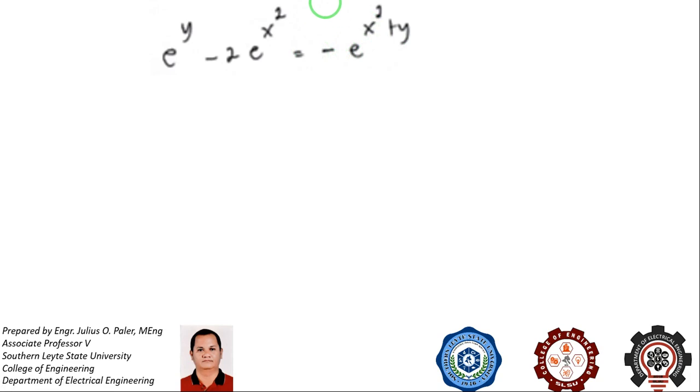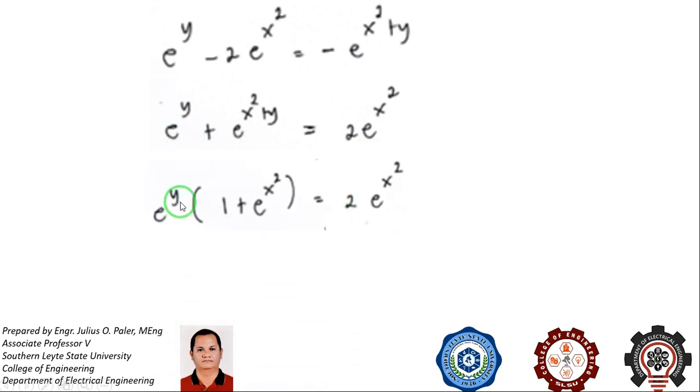Now we transpose this term to the left side and this term to the right side, and we get this equation. From the left side, we have a common term e to the y. So we factor out e to the y, and what remains is 1 plus e to the x squared multiplied by e to the y, and we copy the right side of the equation.